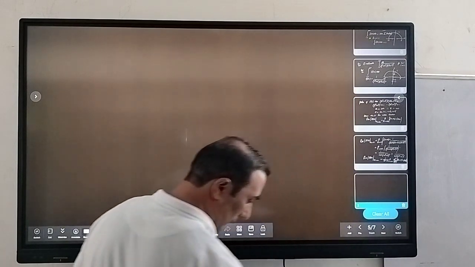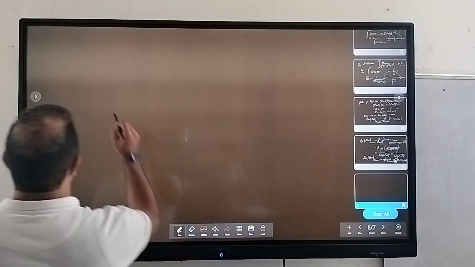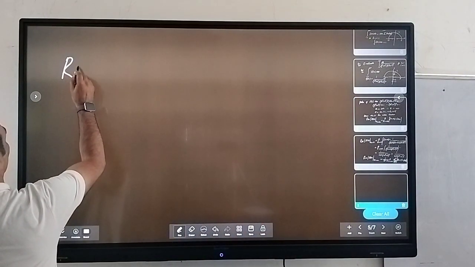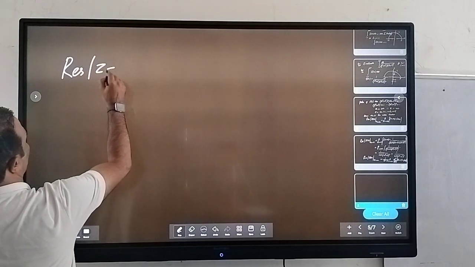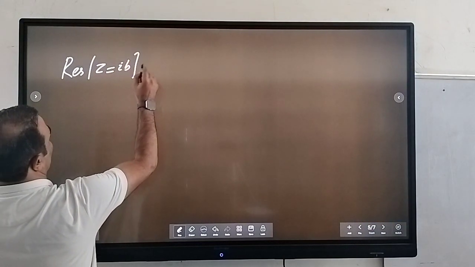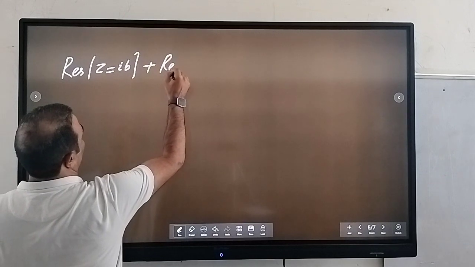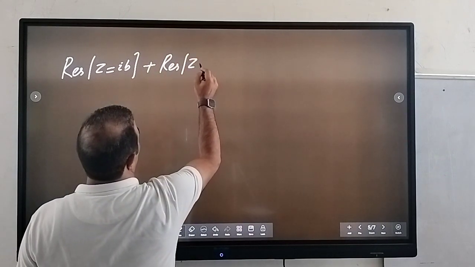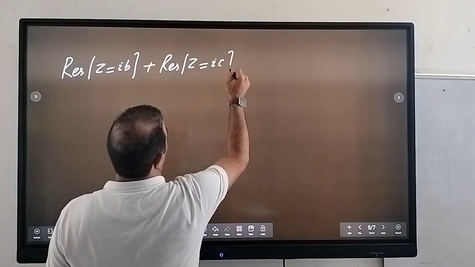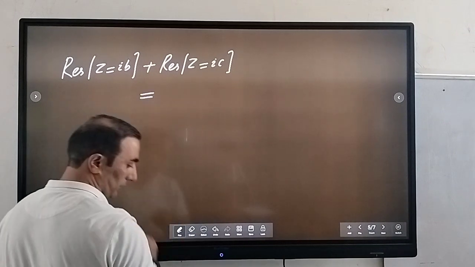So I can rewrite this as the residue at z equal to iota b plus the residue at z equal to iota c.